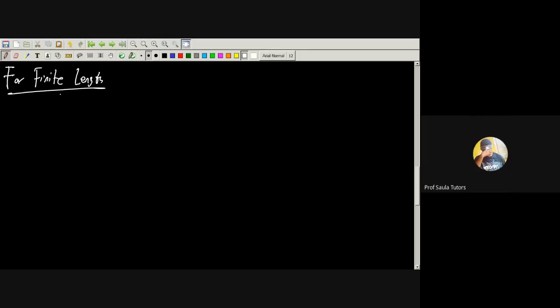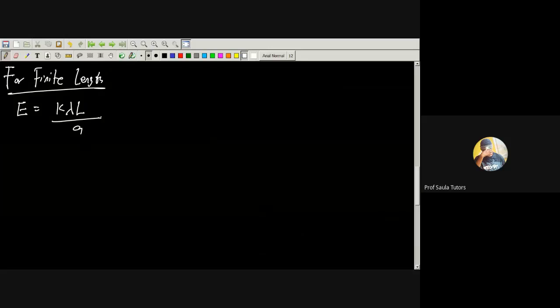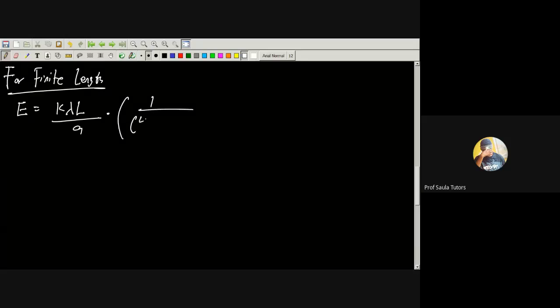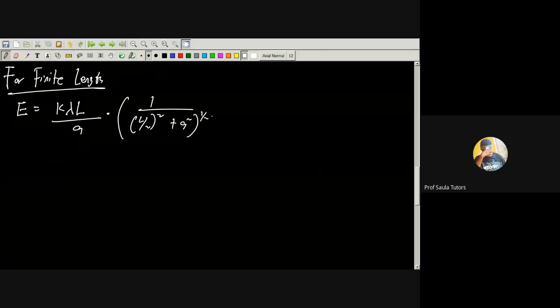So this one has a particular length. So the answer is electric field E equals kλL all over a, times 1 over the square root of (L divided by 2) squared plus a squared.